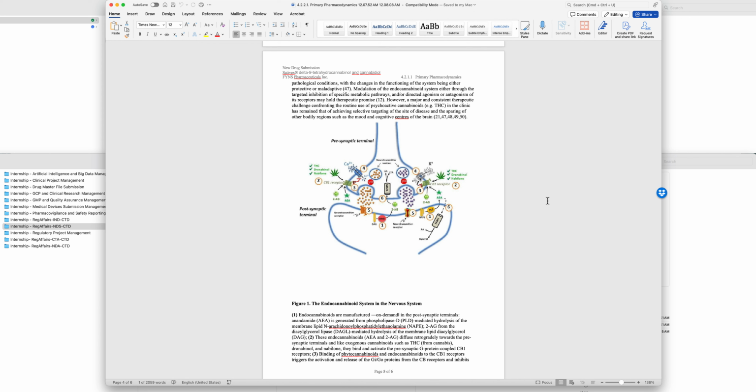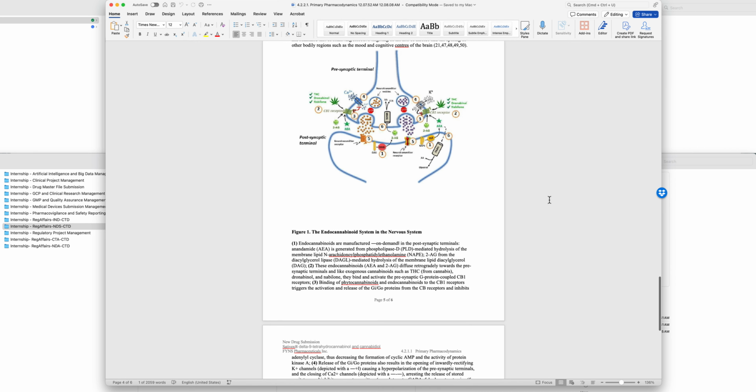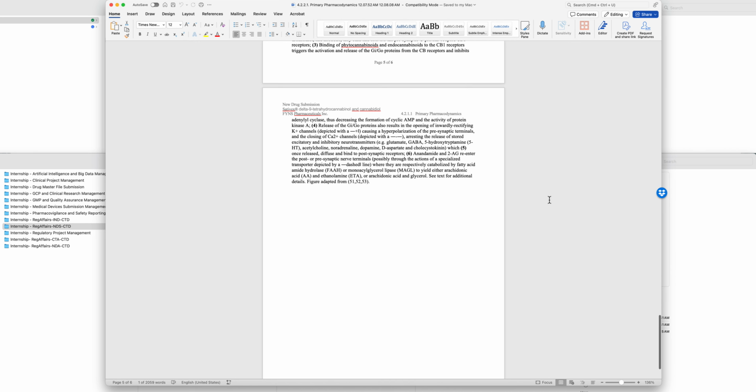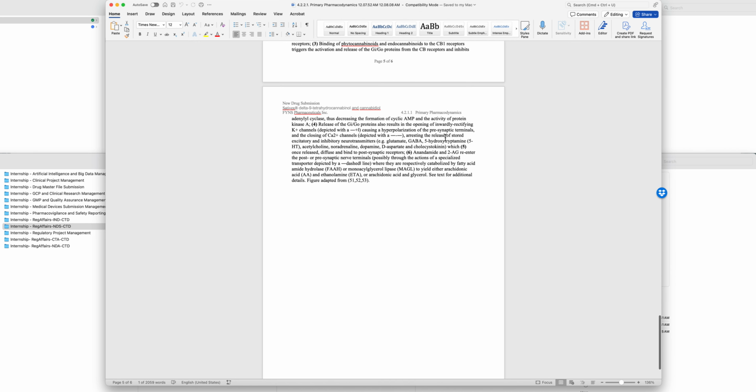And don't forget that those copies are copyrighted, and we will have to pay to be able to add one of those articles in our submission. And of course, it will continue until, as you see, we are done with the primary pharmacology, and then we are going to switch to secondary pharmacodynamics if applicable.